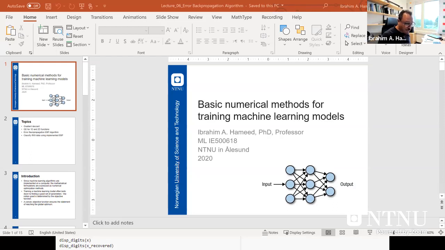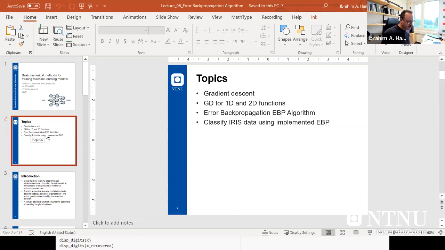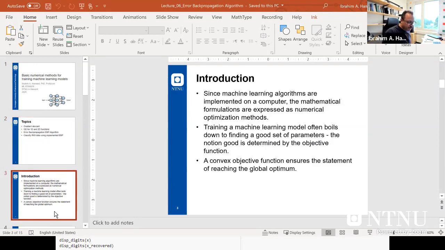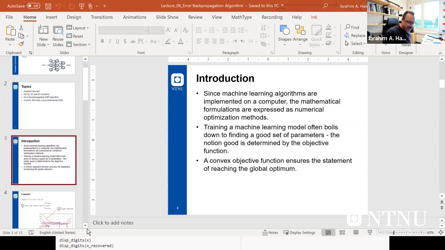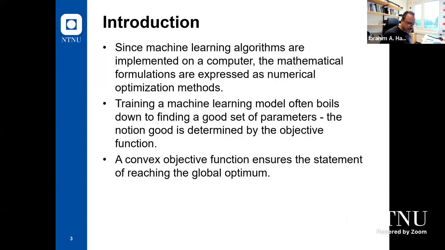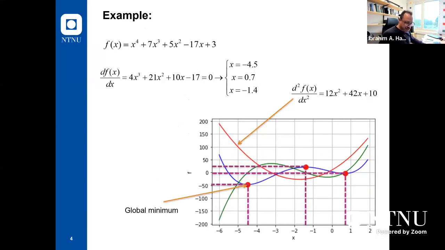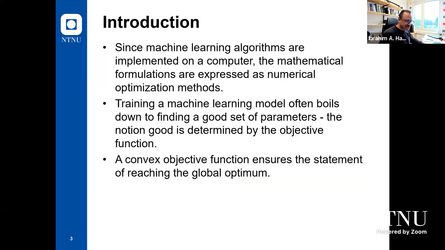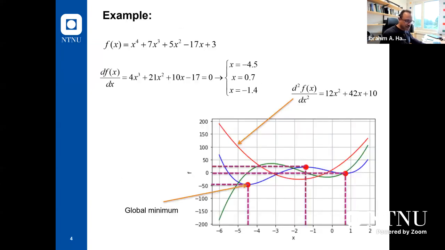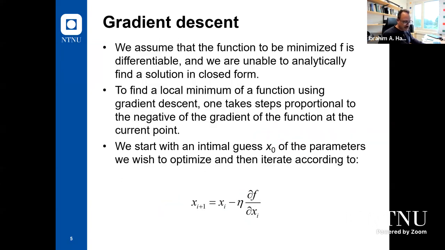Next week is not long, in fact, it's 15 slides, but if we have time, we can do more funny stuff. I will upload it to Blackboard today, for example. I just started with gradient descent, using some functions.